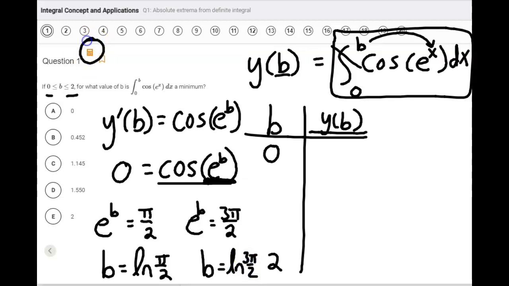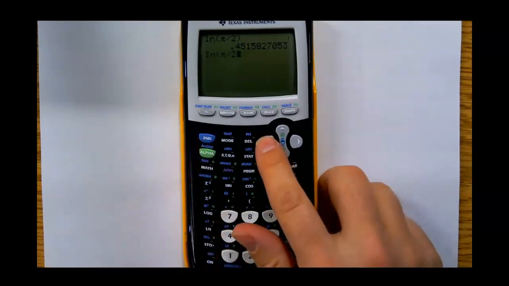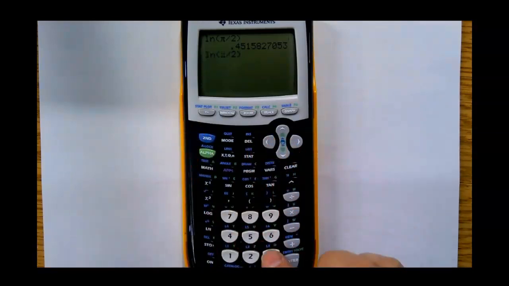Now notice this is a calculator problem, so let's go ahead and take a look at our calculator really quick. Need to figure out what ln of pi over 2 and ln of 3 pi over 2 is real quick, so let's do that. Ln of pi over 2 is 0.451, or 0.452 actually, and ln of 3 pi over 2 is 1.550.